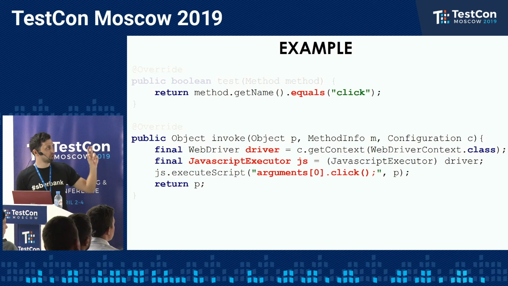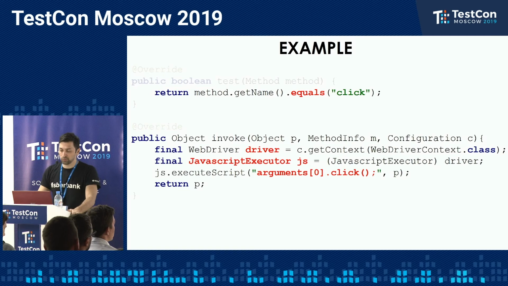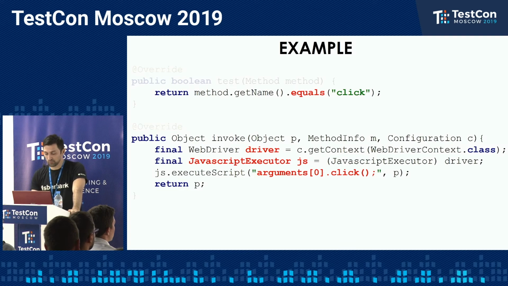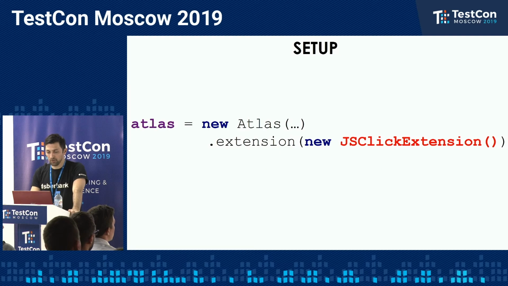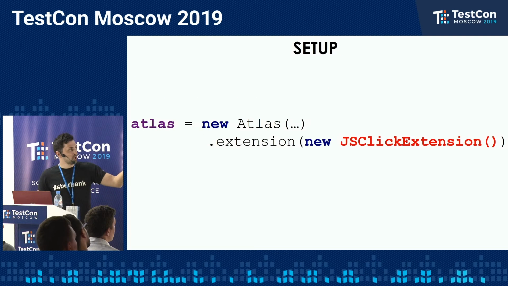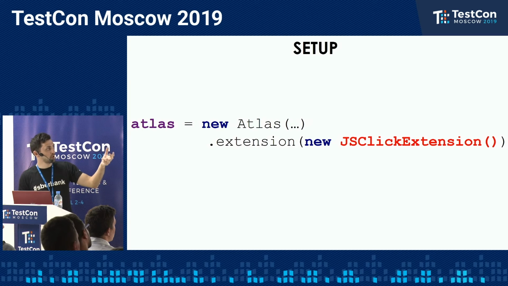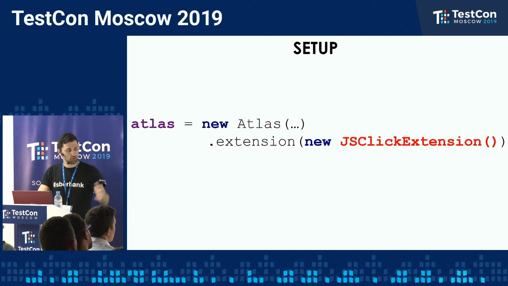In the invoke method, you just get our WebDriver, cast it to JavaScript executor, and in this line we actually do a JavaScript click. So all the clicks in the test project will be JavaScript clicks. And then we add this extension point when we initialize the project.